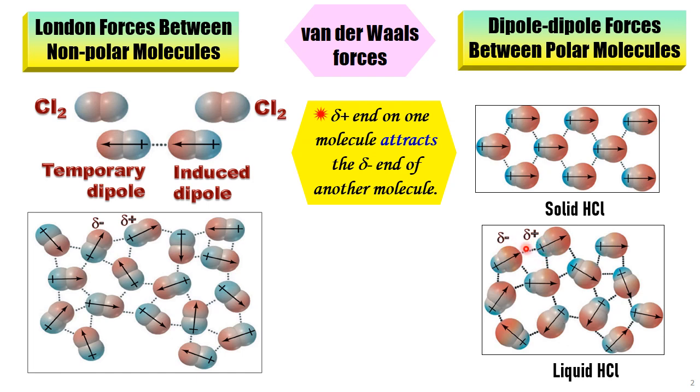Which means that the force of attraction between permanent dipole molecules is of course stronger compared to the force of attraction between temporary and induced dipoles for non-polar molecules. So generally speaking, dipole-dipole forces are stronger than London forces between non-polar molecules.